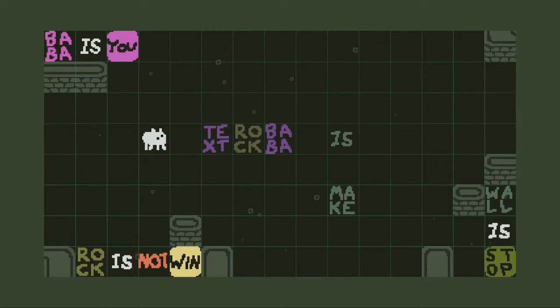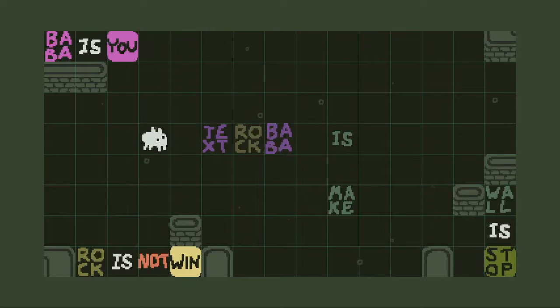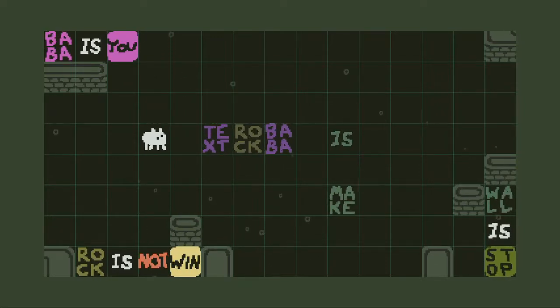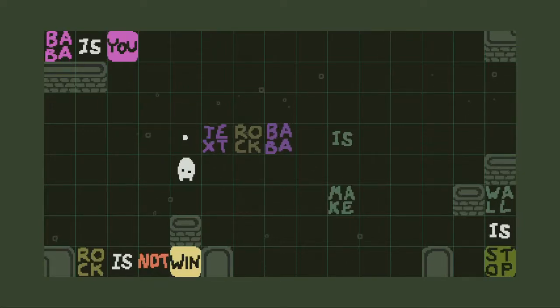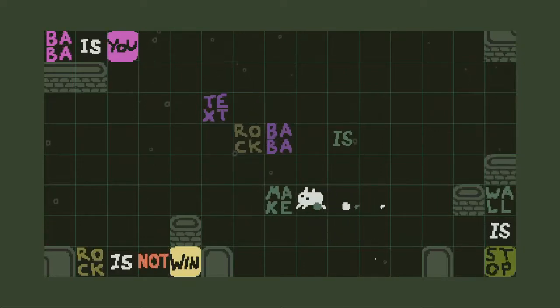So is there a way I could have set things up for something to be win in that situation? I could have had text made Babas as well. So yeah, let's try this.